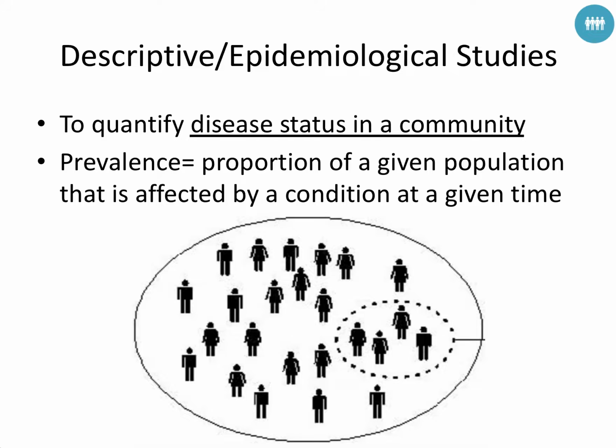How many people in this population have caries, have gum disease, etc. And so we're using these measuring tools that we talked about in the epidemiology video, like DMFT, gingival index. Think of easy measuring tools that clinicians can employ to gather lots of data on huge entire communities, and then from that determine the prevalence of, again, tooth decay, gum disease, which is the proportion of a given population that's affected by that condition at a given time.